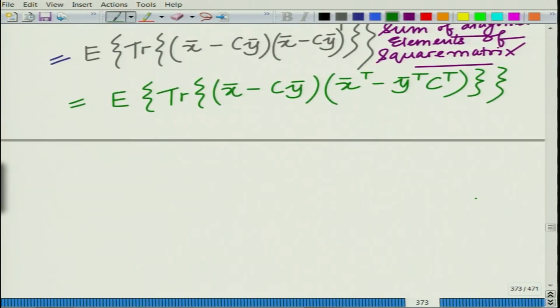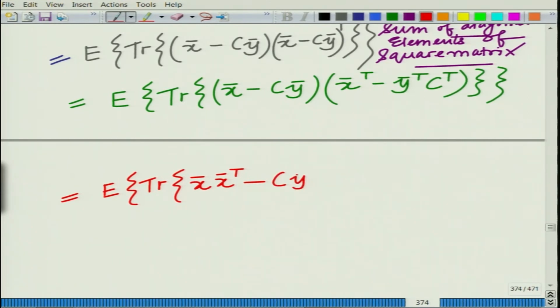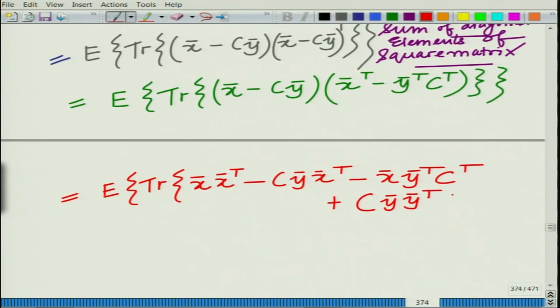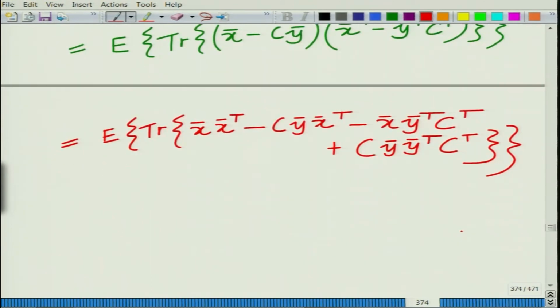If you expand this term by term, this is going to be equal to expected value of the trace of x bar x bar transpose minus C y bar x bar transpose minus x bar y bar transpose C transpose plus C y bar y bar transpose C transpose, and close the brackets.